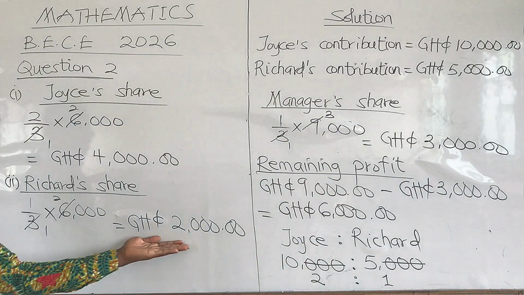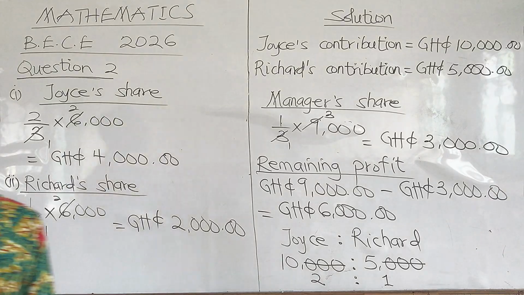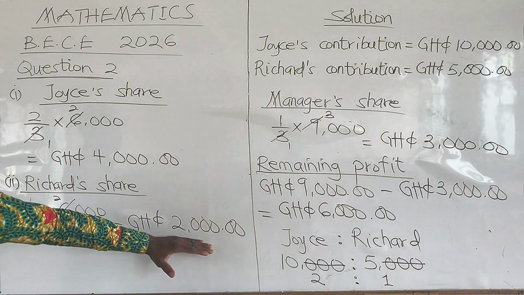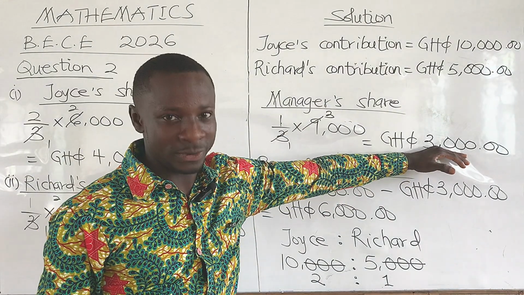But this was not the total share for Richard, because Richard was the manager and at the end of the day he had this in addition. So if you want to get the amount Richard had in total, then we are going to add the 2,000 as well as the 3,000.